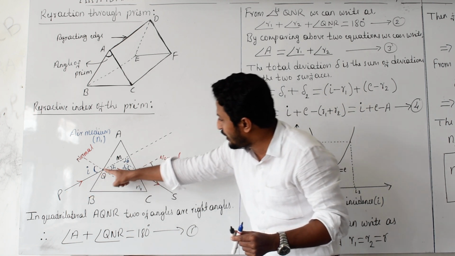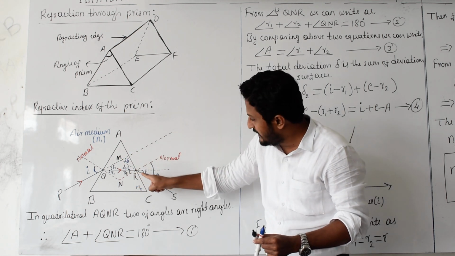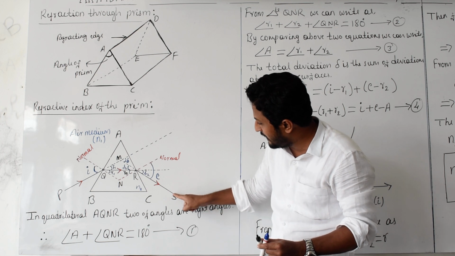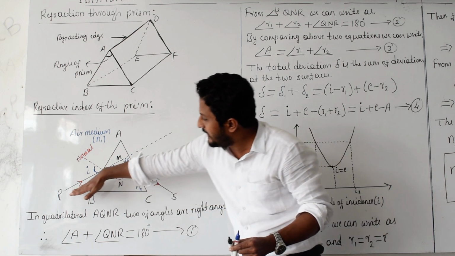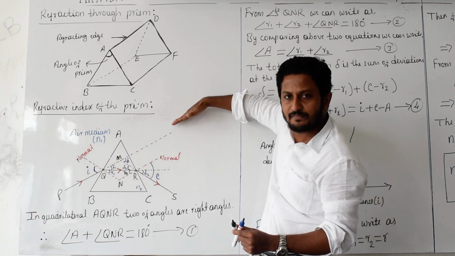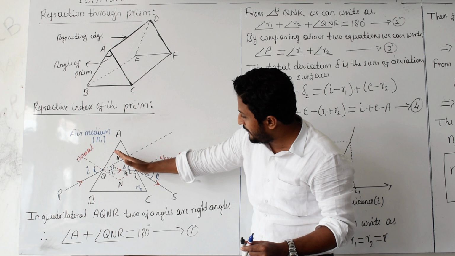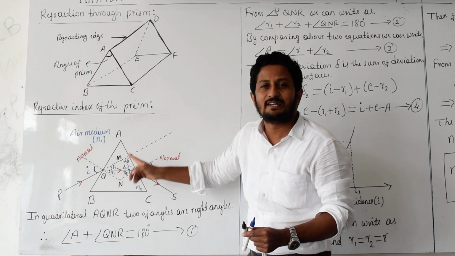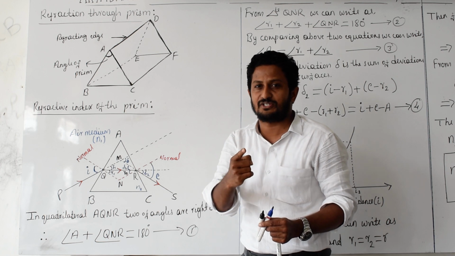Instead of going along PQ straight, due to the presence of the prism, that light ray changed its path in this direction. Look at these two lines only. Instead of going like this, due to the presence of the prism, that light went like this. This delta is the total angle of deviation.